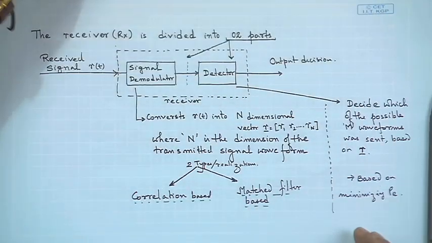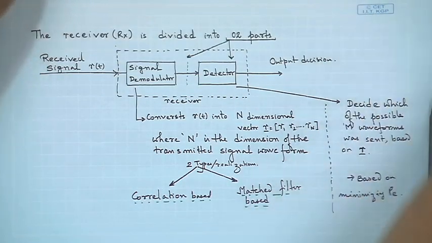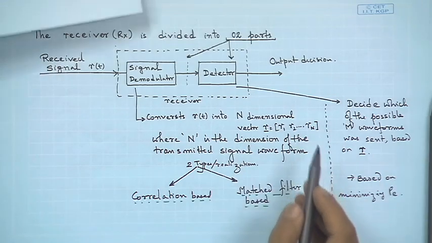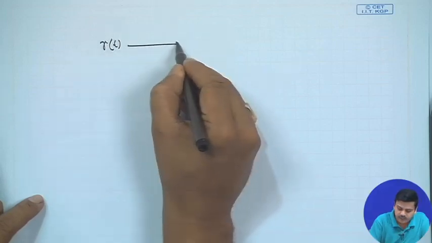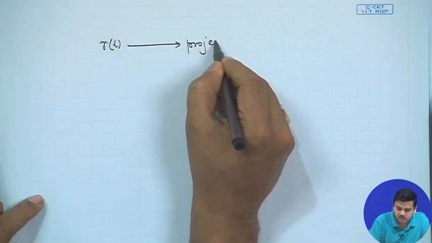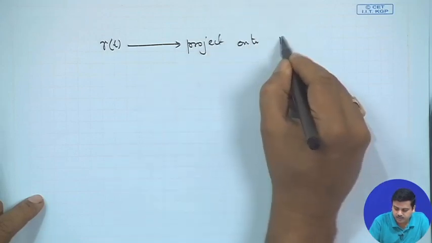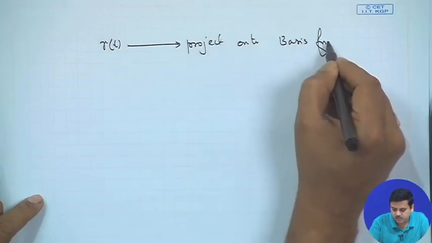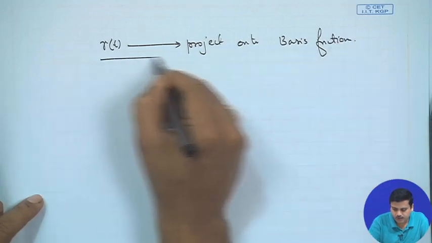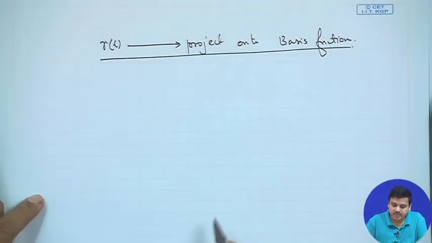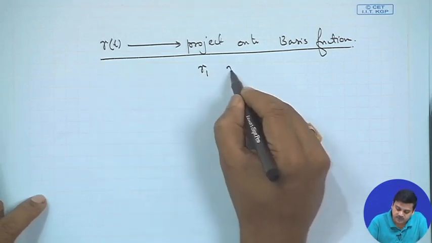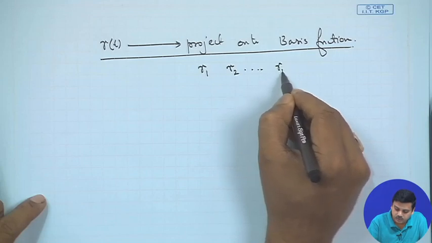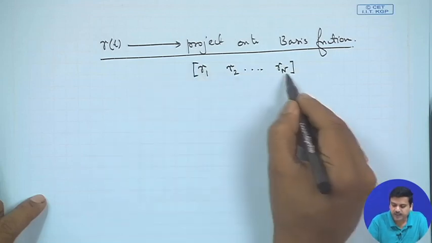So, when we talk about decomposing the signal into its basis components, what we mean is that we would take R of t and project it onto the basis functions. If you project it onto basis functions, you would get its component R 1 on the first basis function, R 2 up to R n if there are n dimensions.